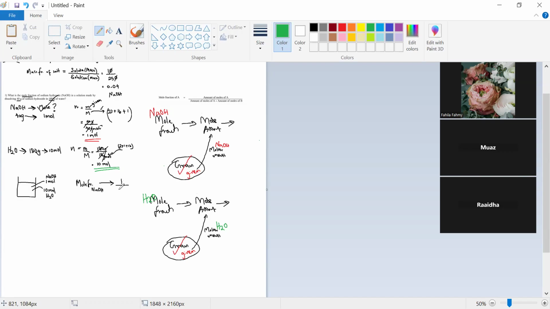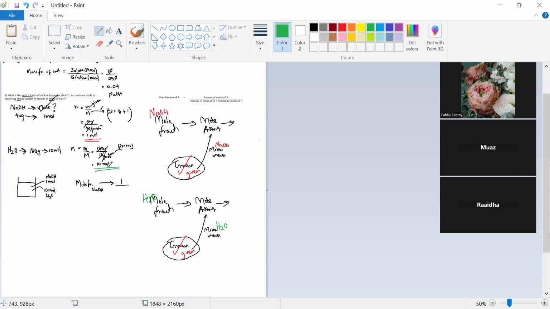What is the total, Puta? Tell me the total. 40. Hmm, why 14, Puta? Here, see, can you see the red line and the green line? So the number of moles of sodium hydroxide is 1. The number of moles of water is 10.